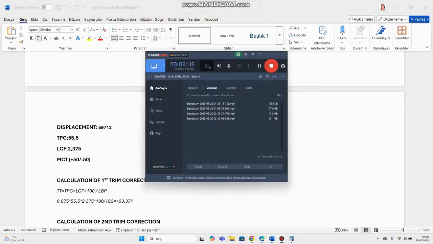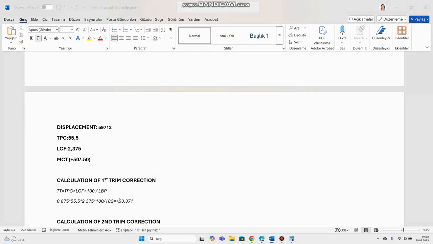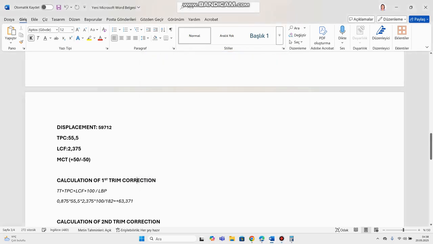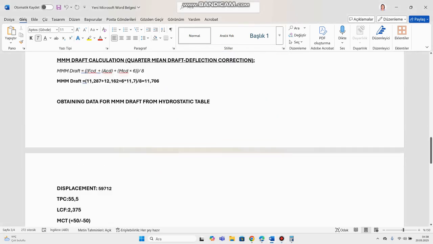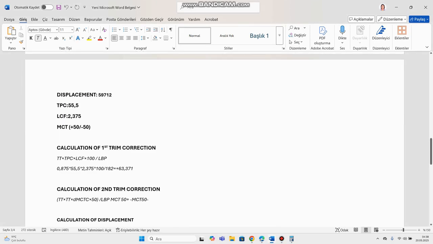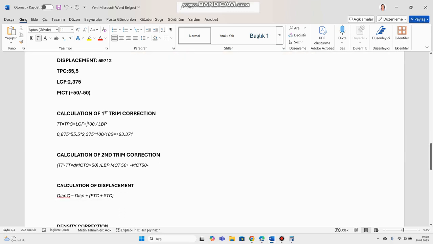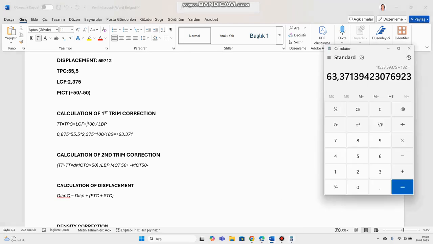Let's go to second trim correction. Still it is recording. Okay. For second trim correction, we must find MCT plus 50 and minus 50. What is MCT plus 50? 50 centimeters more of our mean of mean of mean.